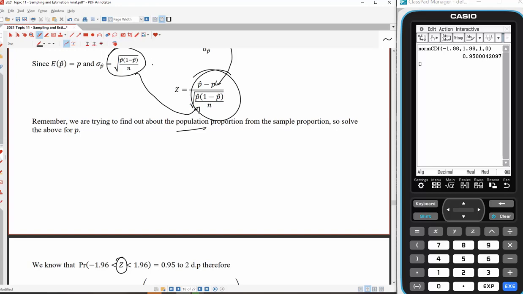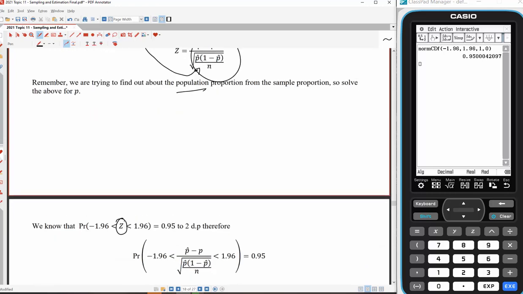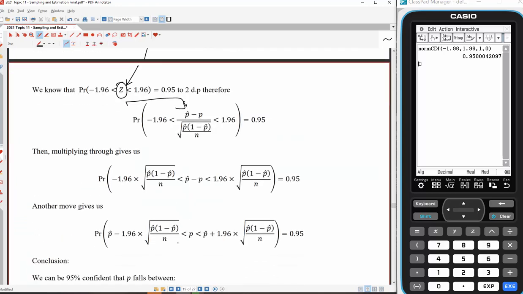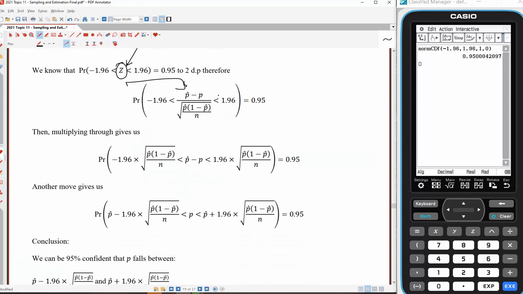So all I'm going to do is replace this z with this. Okay, now what we'll do is multiply both sides by this thing here. So 1.96 gets multiplied and negative 1.96 gets multiplied. So that gives us this line here.